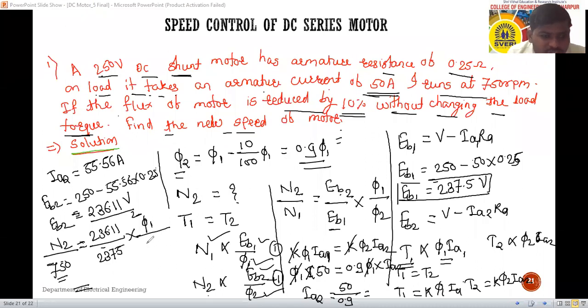Phi 2 काय आहे? 0.9 into phi 1. हा phi 1 gets cancelled. याचे कॅल्क्युलेशन करा. 236.11 divided by 237.5 into 1 divided by 0.9, किती येते बघा. आणि त्याला परत 750 ने मल्टिप्लाय केले की तुम्हाला स्पीड मिळेल N2. किती येते?